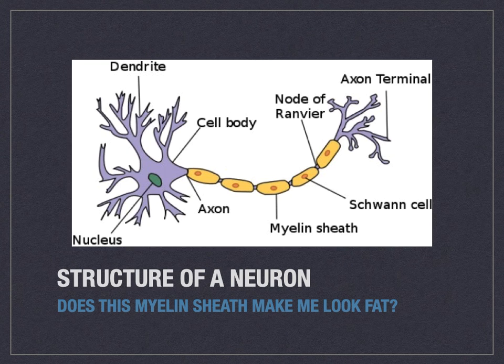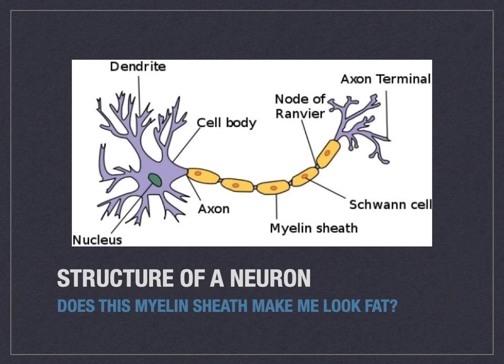Axon is the part of the nerve that's going to carry a signal away from the nucleus. The way I like to remember that is by remembering that away starts with an A, and so does the axon. Well, as that signal goes away, it's an electrical signal that's going to come from the nucleus down the axon, and what's protecting that is the myelin sheath.